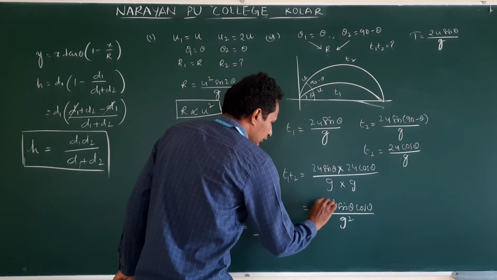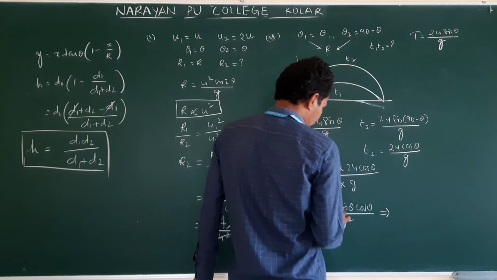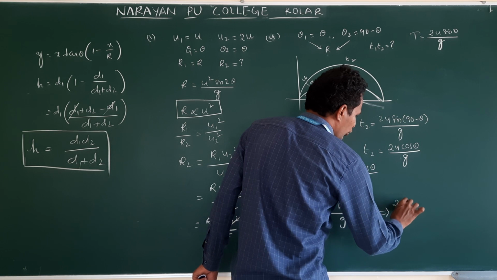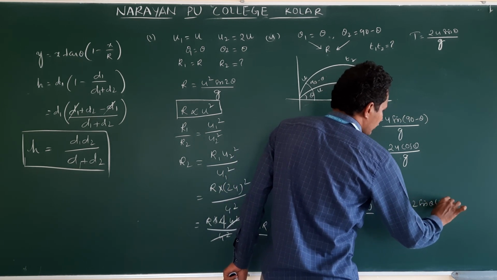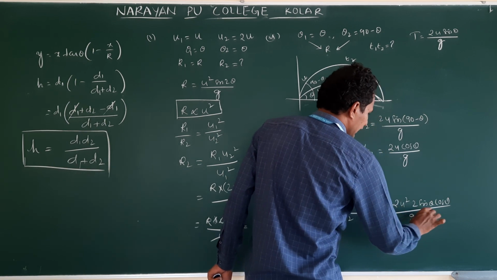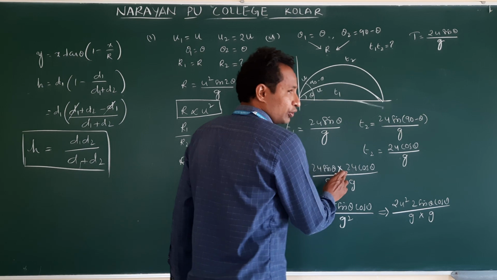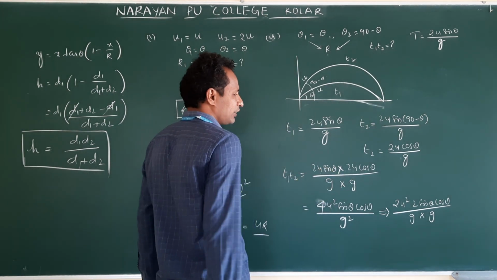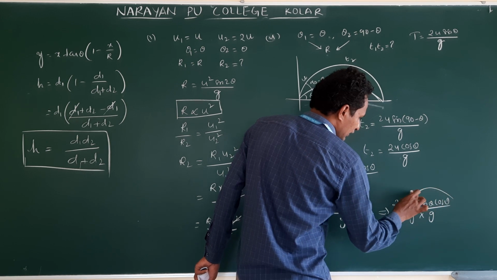Understand? Okay, in this I can write 2u square times 2 sin theta cos theta by g, as it is, with another g in the denominator. Actually I can do it here directly, but if I do, you may not understand. That's why I am giving this. What is this formula?